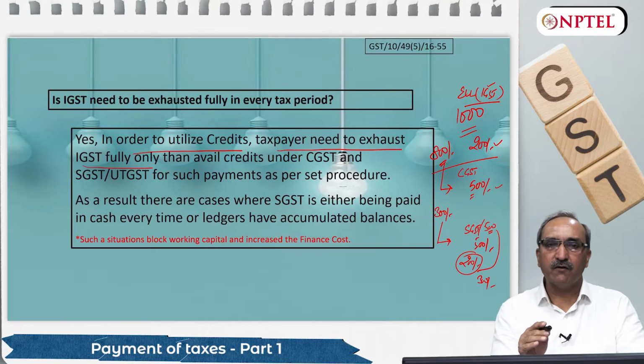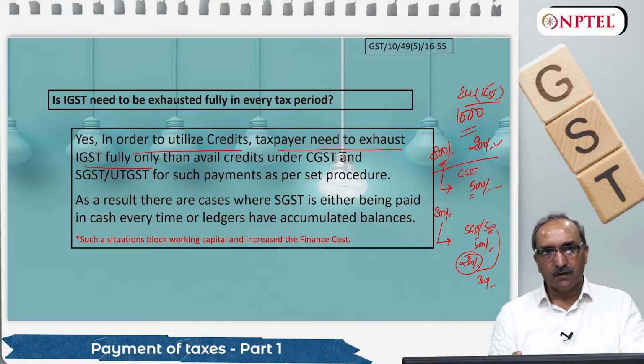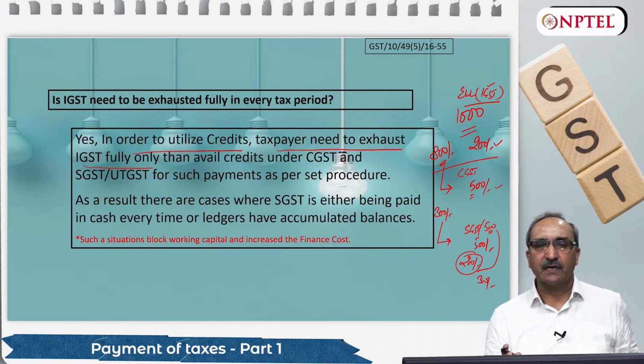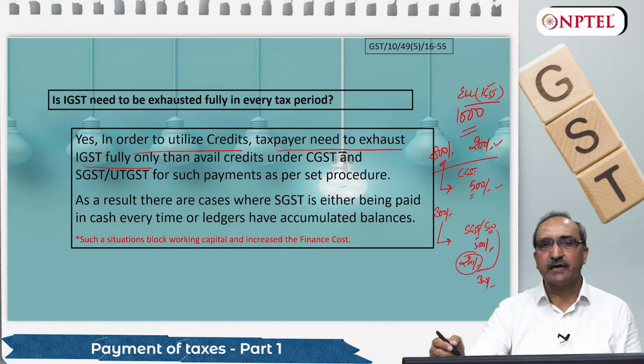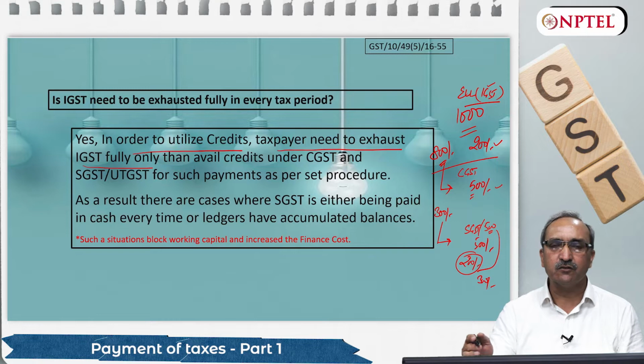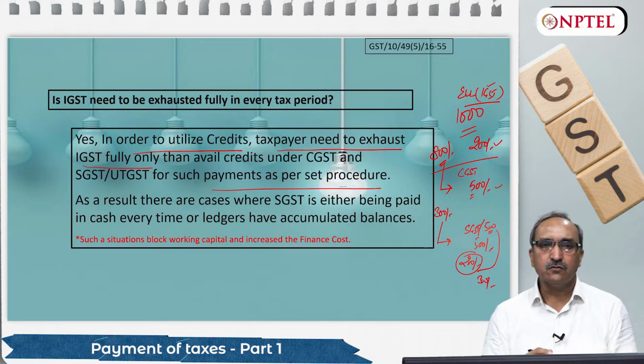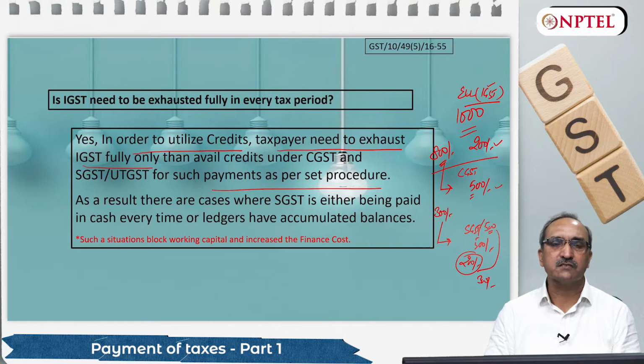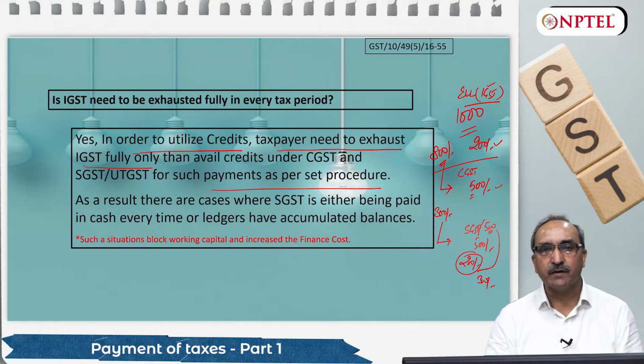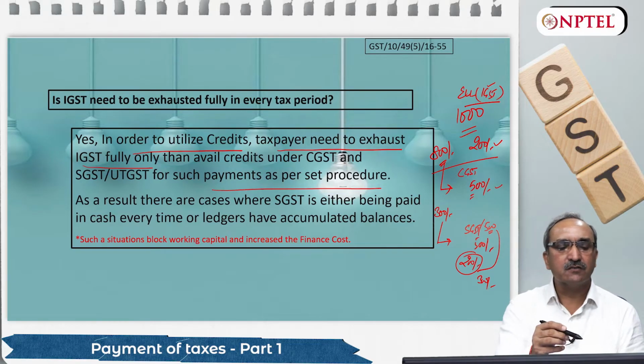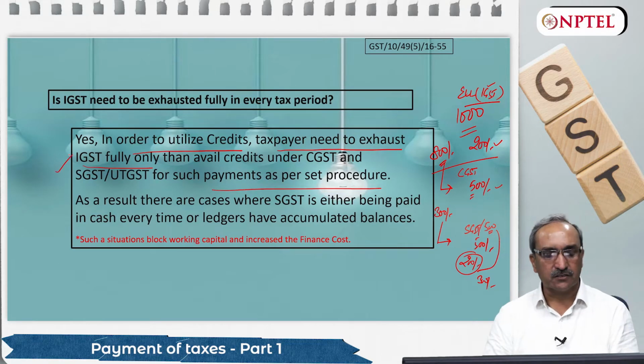So first we have to exhaust IGST fully, and after that if there is liability in the respective CGST Act or state GST, we need to pay further. So it has its own implications. When you actually go through this transaction, you will work out what the problems are in this existing system of first fully using IGST.